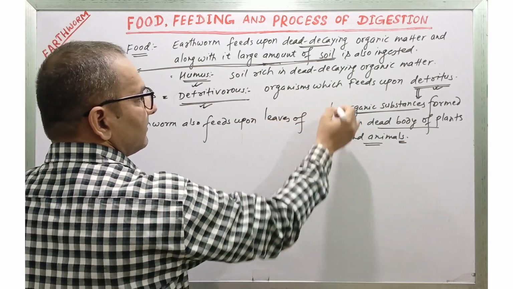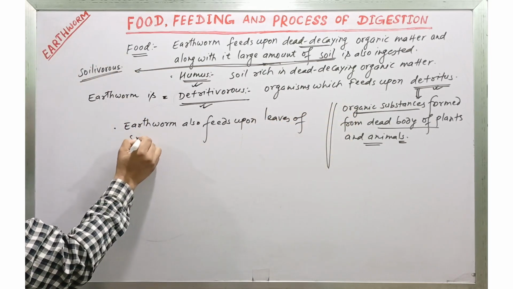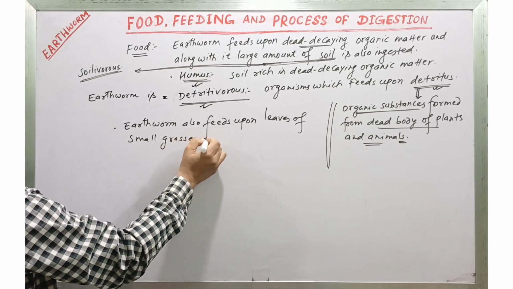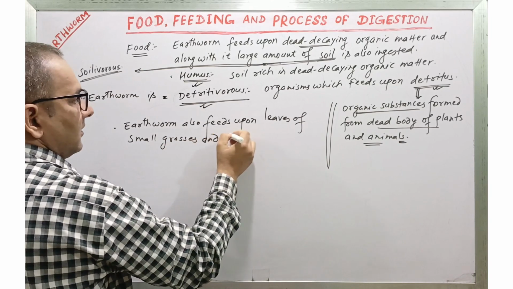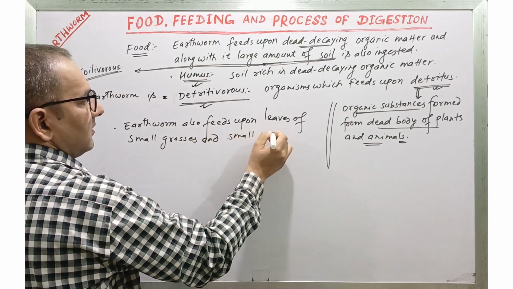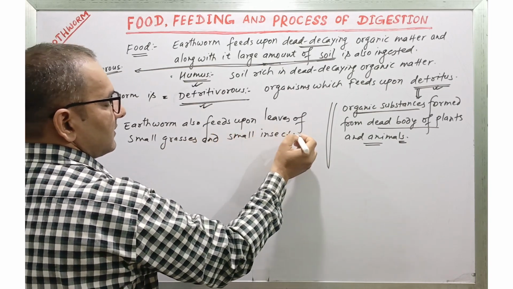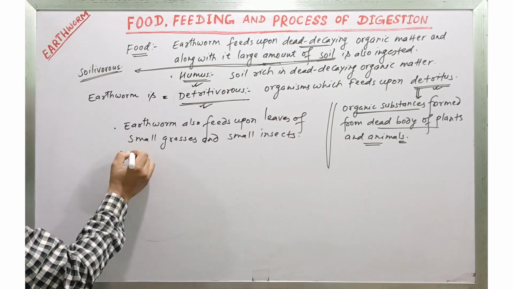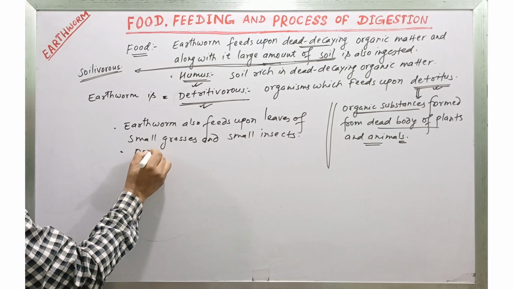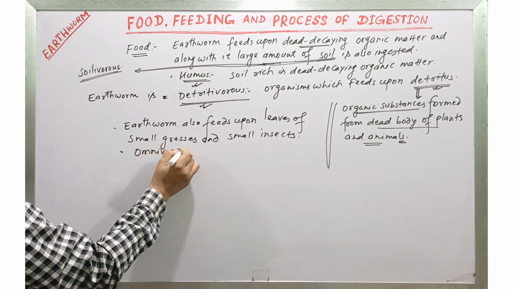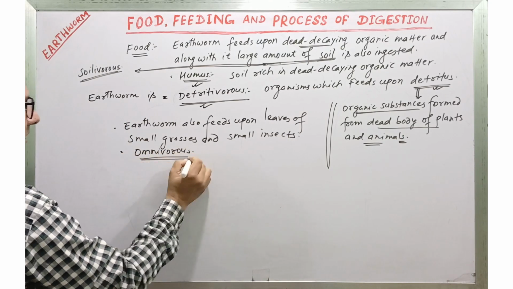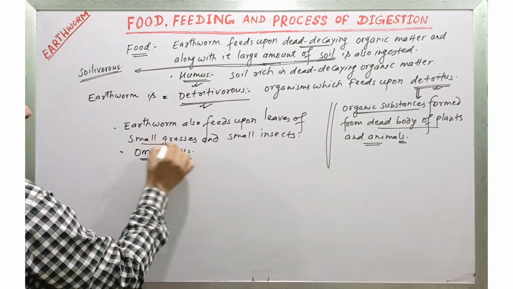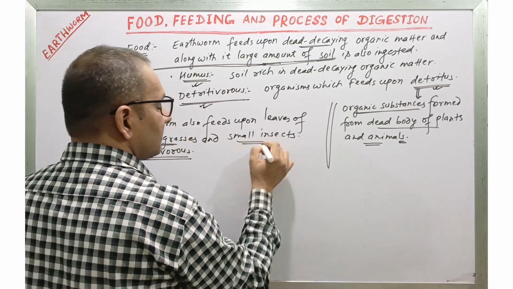So earthworm is omnivorous. Why is earthworm omnivorous? Because it feeds upon small grasses as well as small insects.